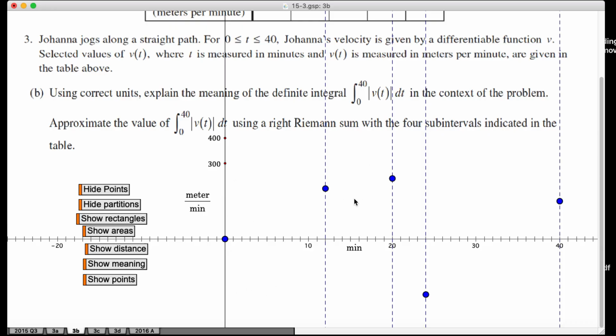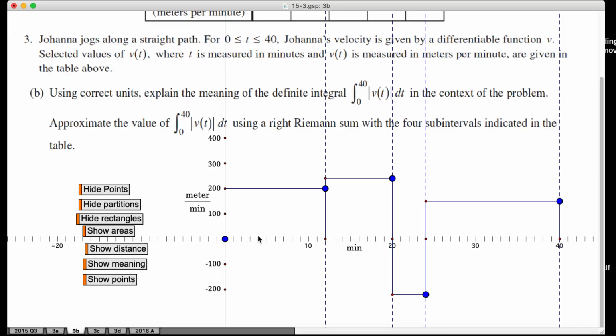In the next interval, I go to the right side again because it says right Riemann sums, and draw the height of the rectangle over to this vertical partition. Same thing here. Go to the right side, which is the point down here, and draw it over to the left side of the partition. In this last subinterval, right side, draw the height of the rectangle until it reaches the left side of the partition. Okay, so there are my rectangles.